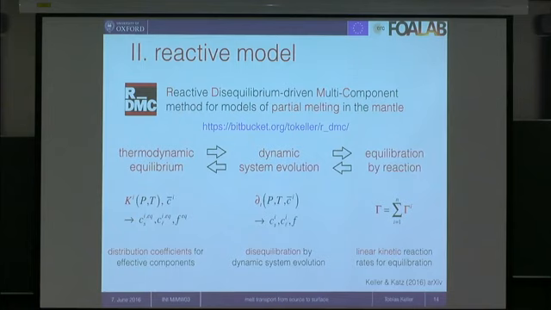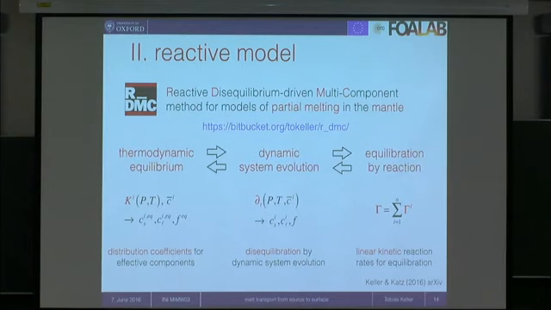I think I showed the reference before, there's a paper by John Rudge, Dave Bercovici and Marc Spiegelman, who I think do a marvelous job in introducing how these thermodynamics work. And I would really recommend you read that paper for some more information. So we have a definition of thermodynamic equilibrium that is quite cheap to compute and easy to use in a large-scale geodynamic code.